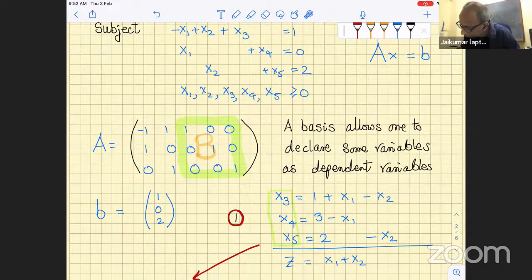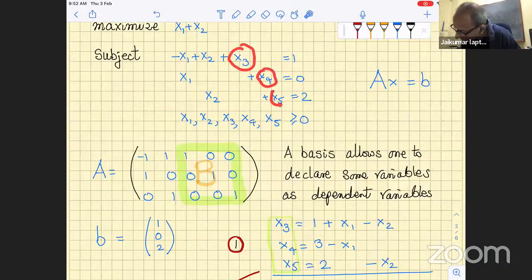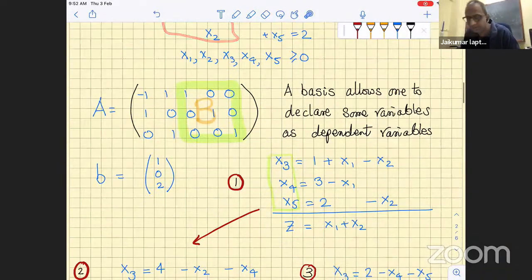Then, we had these equalities, right? So we rearrange the equalities so that these variables are on one side and the other variables go to the other side. So the general principle is that the variables which are in the current basis, over time, the basis will change.